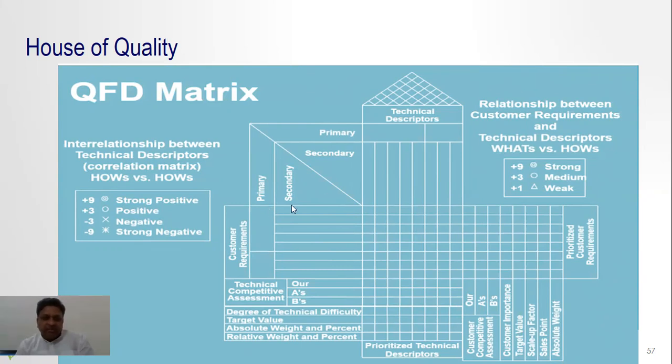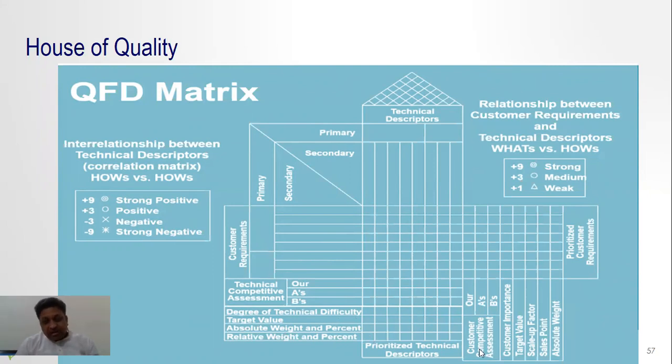Then the primary and secondary aspects will come here. Customer requirements will come here one by one. Technical competitive assessments will come here. Similarly, degree of technical difficulty, target values, absolute weight and percentage, relative weight and percentage.